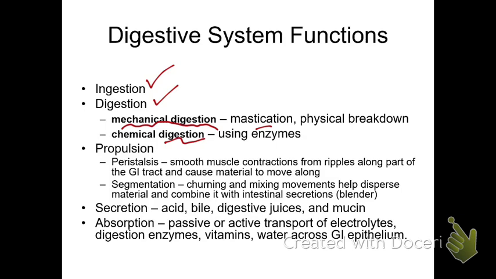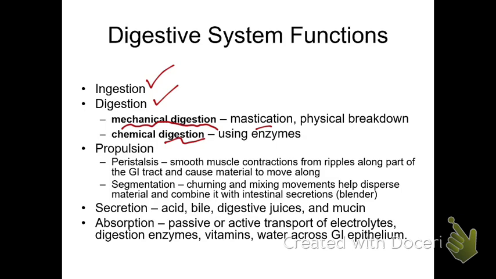All of this is going to be breaking down those more complex macromolecules into smaller molecules, which then are absorbed. Remember that your small intestine is lined by that simple columnar epithelium. And along that simple columnar epithelium, nutrients are being absorbed.